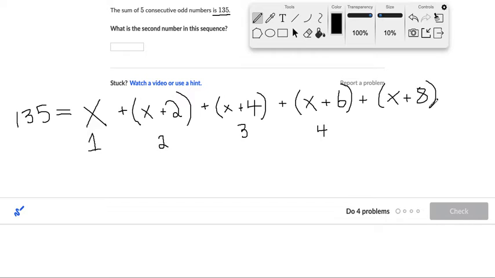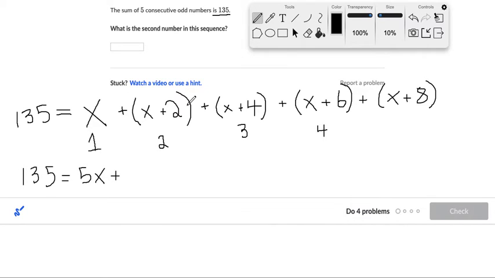All right, now what I need to do is combine my like terms. So I've got 1, 2, 3, 4, 5 x's. So I'm going to say 135 equals 5x plus something.